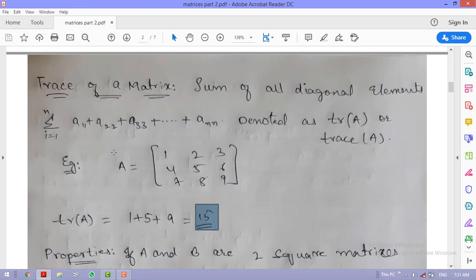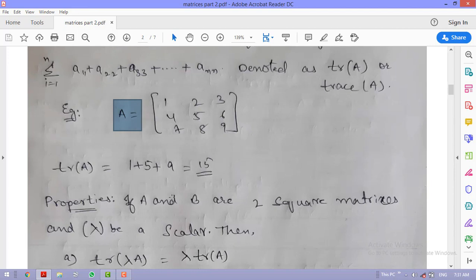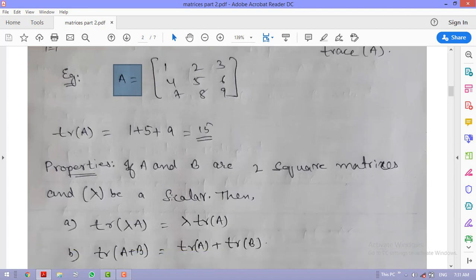It is as simple as it looks. If someone asks you to find the trace of A, then you simply take the diagonal elements and sum them up, and the resultant number will be our answer for the trace. Okay, so now let us see the properties of trace.